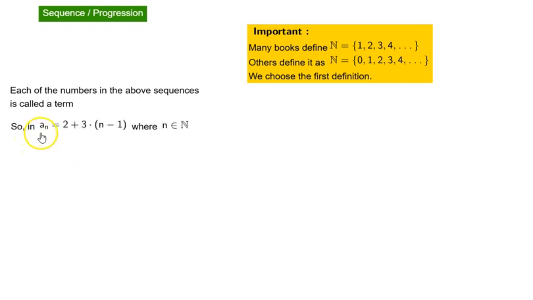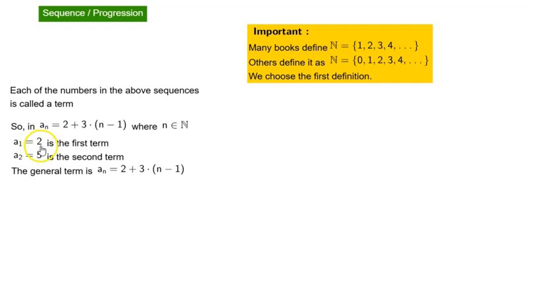So, in the sequence a sub n is equal to 2 plus 3 times (n minus 1), where n is in the set of natural numbers, a1 is equal to 2 is the first term, a2 is equal to 5 is the second term. So the general term is a sub n is equal to 2 plus 3 times (n minus 1).